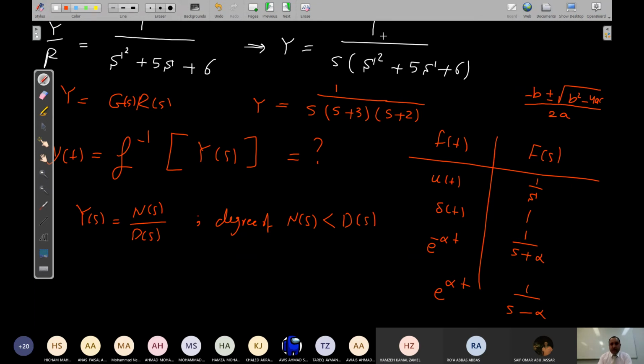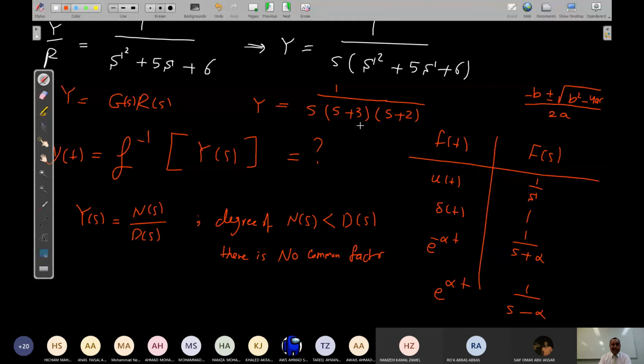The degree of N of s is equal to 1. The degree of D of s is equal to 3, correct? And there's no common factor. So in this case, I can do the partial fraction expansion.